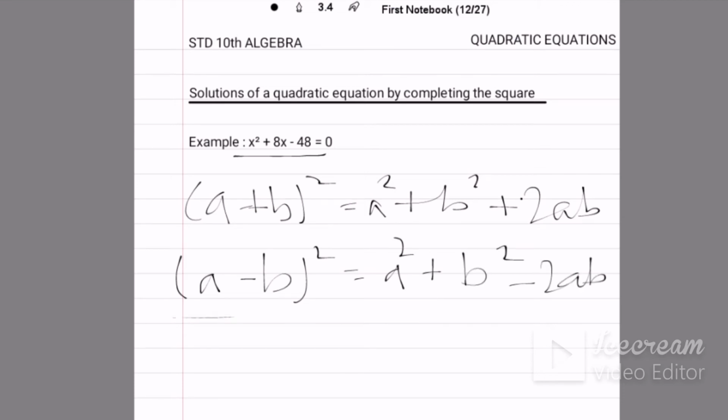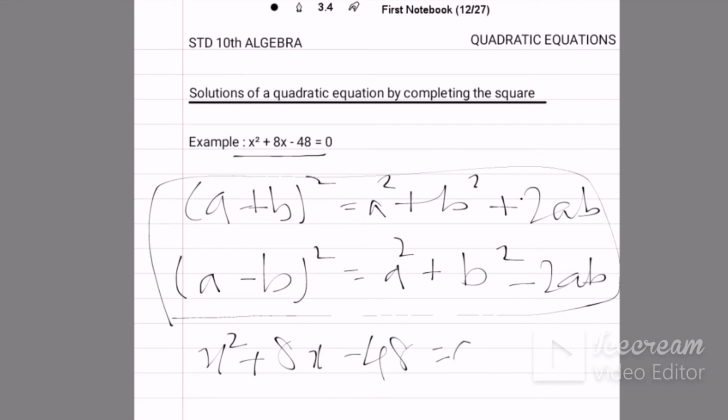So basically we have to just use these two formulas and then convert the given equation into a complete square, right? Now how we are going to do that is, see, we have this equation, that is x square plus 8x minus 48 is equal to 0.